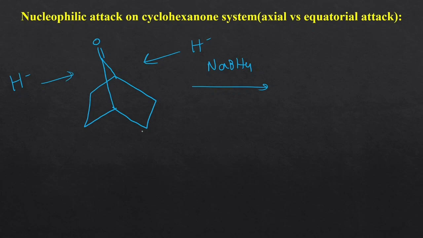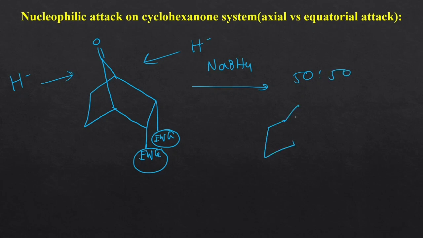But what will happen if I add some electron withdrawing group in this position? Remember this electron withdrawing group is in the below position, and that is why it will not possess any kind of steric interaction over here. So if the steric interaction is a prevailing factor for this kind of attack, then obviously a 50-50 product will be obtained.